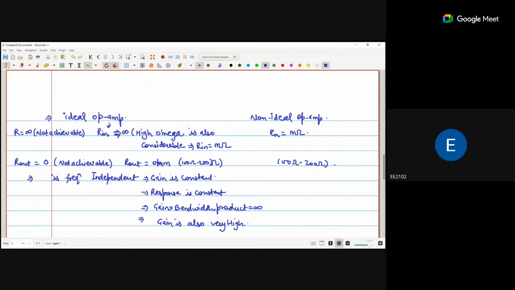Whereas for the non-ideal op-amp, the gain is not a constant. If gain is not constant, the response is dependent on frequency.